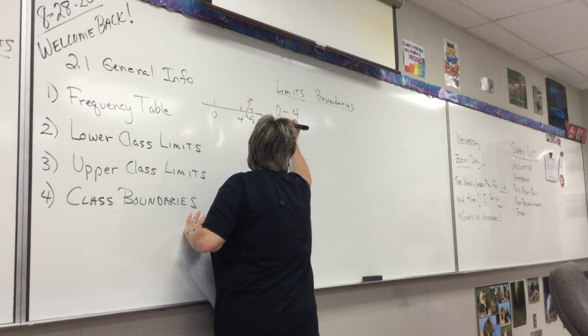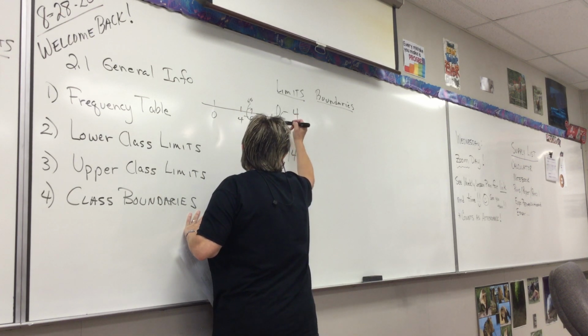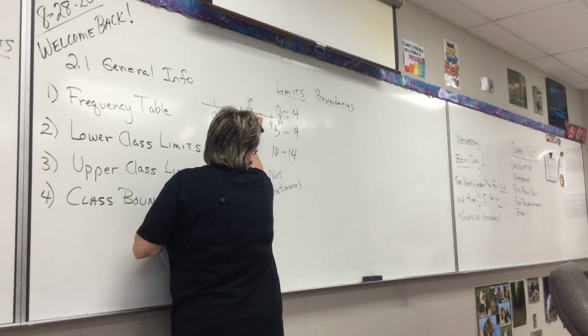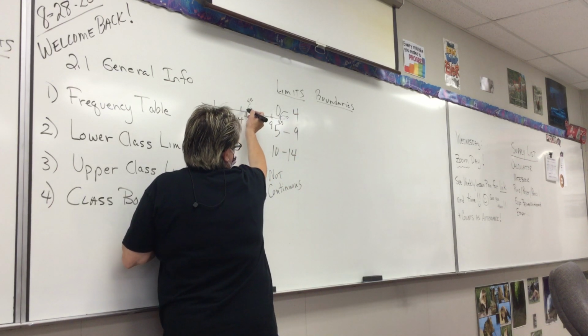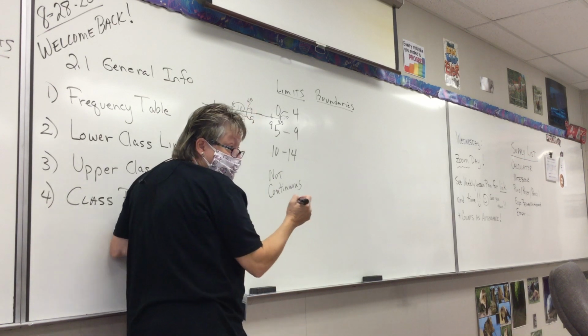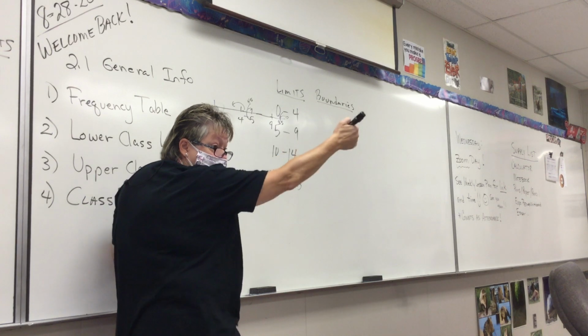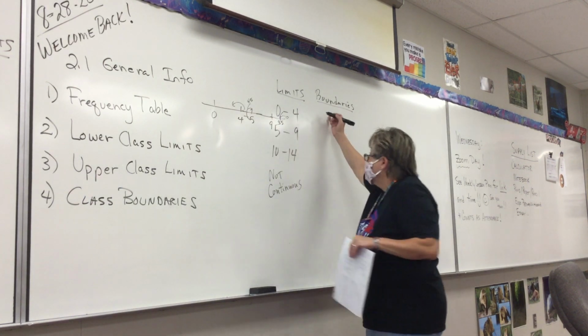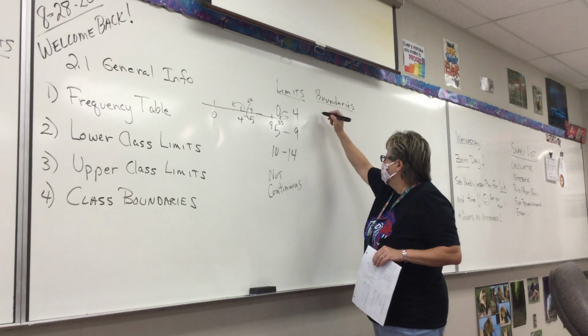What if I'm at 9.5? What's it do? Rounds up, correct? So I can go up to but not including 4.5. So all these on the left side go this way. Anything 4.5 and higher go the other way. Okay, so in a boundary sense, we write it like this.